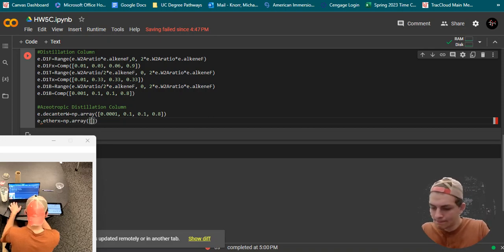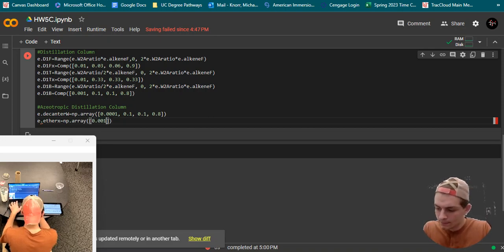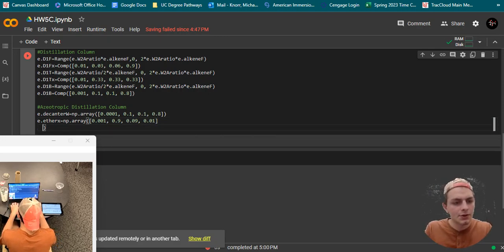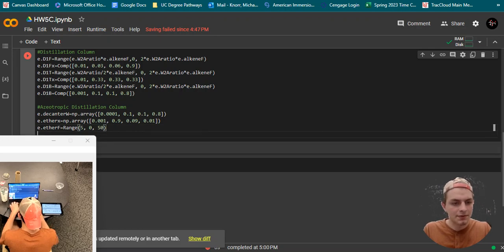as such, and then the ether flow rate we said would be a range variable. Its initial guess we said was going to be 5, and then we said it would go from 0 to 50.